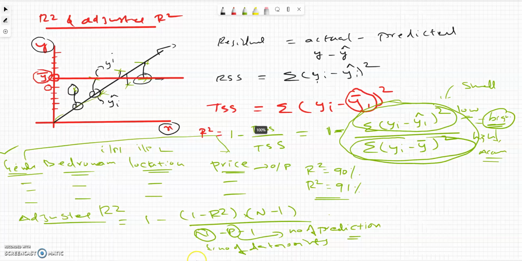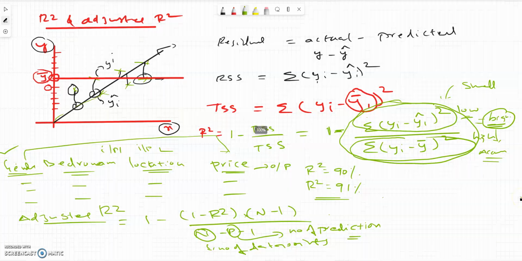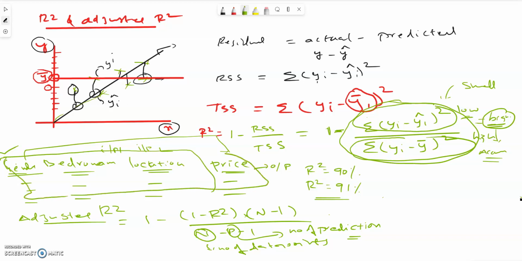Now what I would like to do here is use this table. Let us say we have this table, and these are all independent variables, and this is a dependent variable. Initially let us use bedroom and location as the input features and price as the output feature.